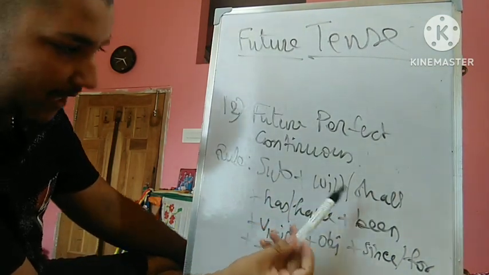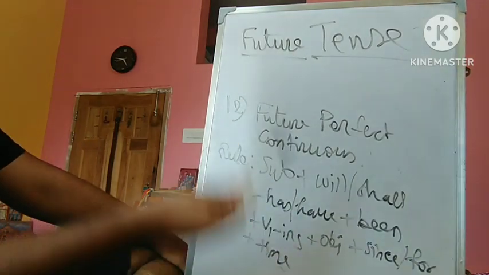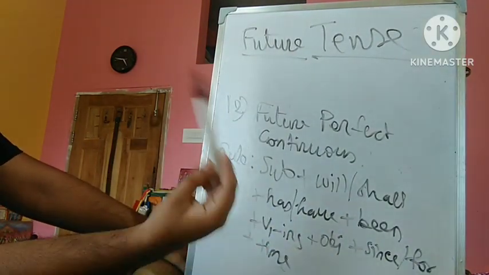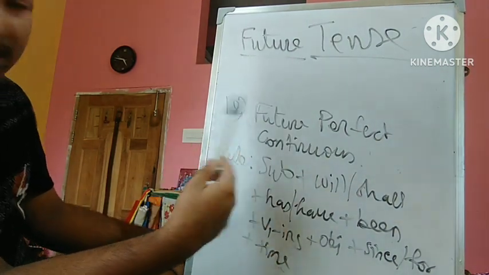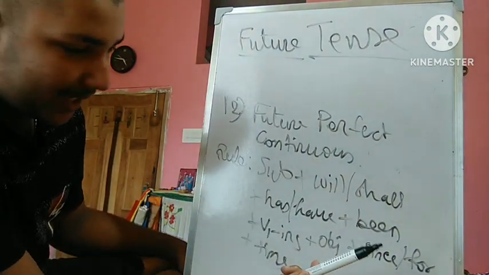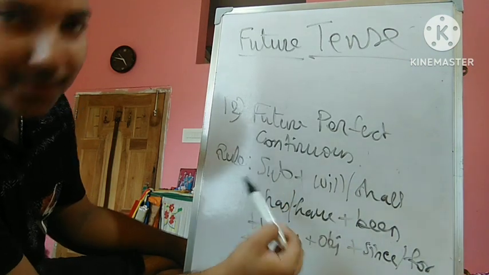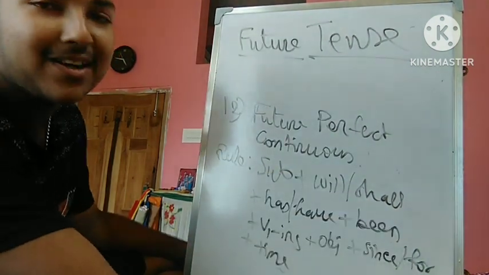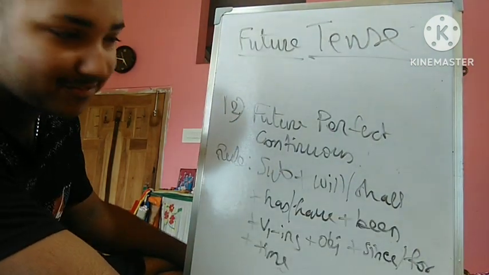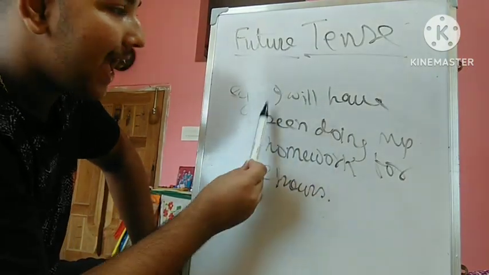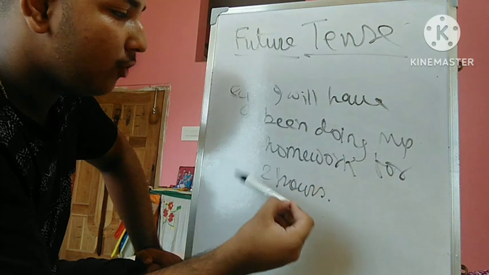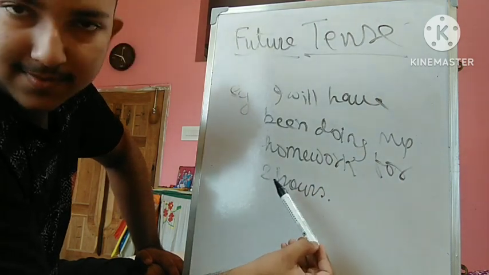There is no place to write an example, so I have to erase it. So note it down. I know that its formula is very big, but what can I do? You have to memorize it. So the example is, I will have been doing my homework for 2 hours.